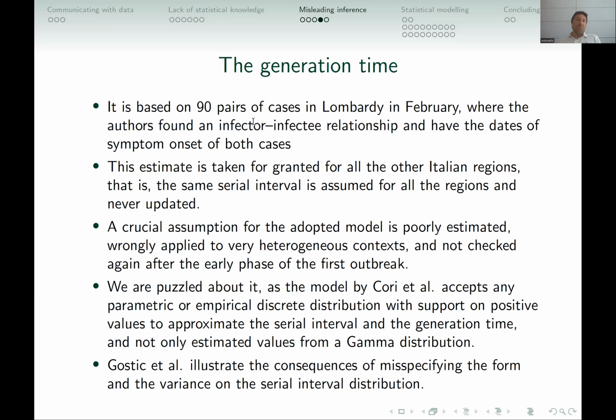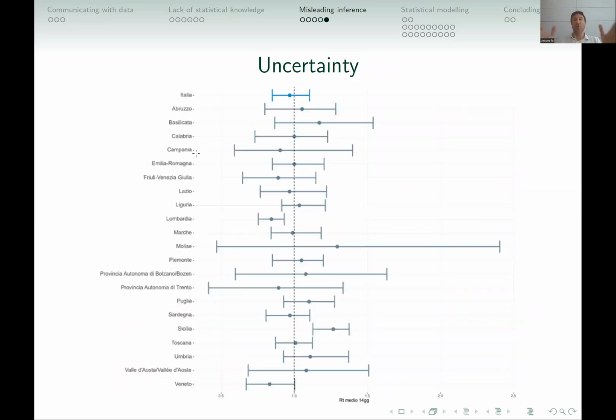And the effect is the following: a lot of uncertainty in the estimated values of Rt. For example, in Molise, a tiny region, as we said before, Rt could be less than 0.5 or close to 2.5. So will Molise explode, or is it in a safe condition? Who knows?